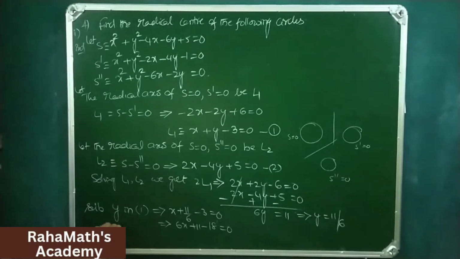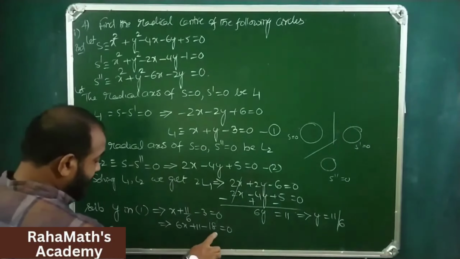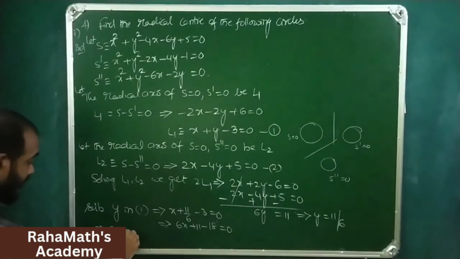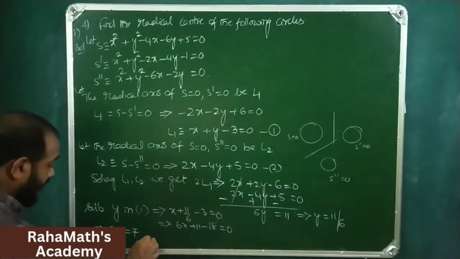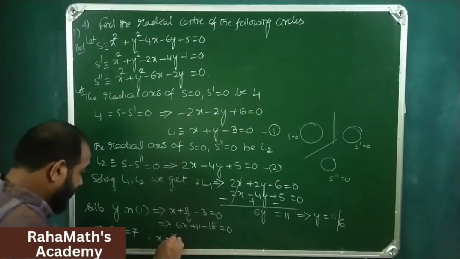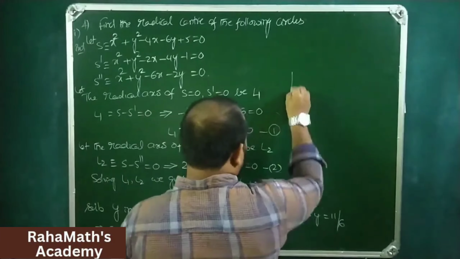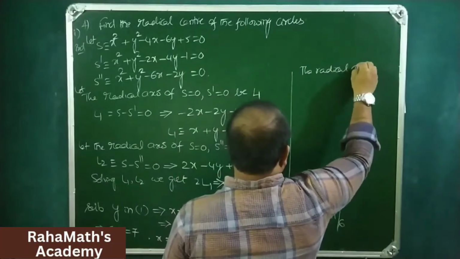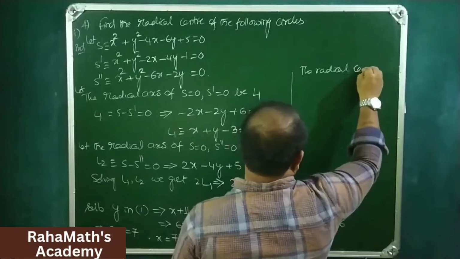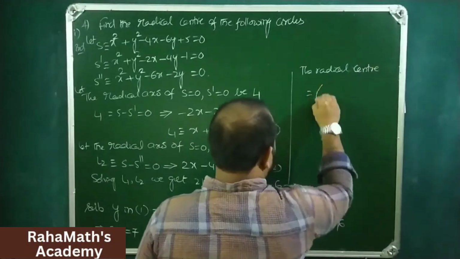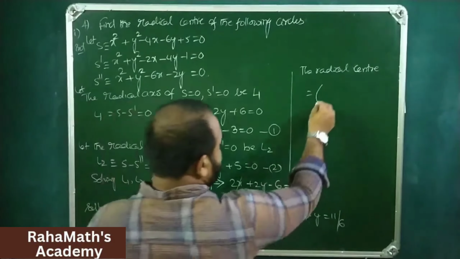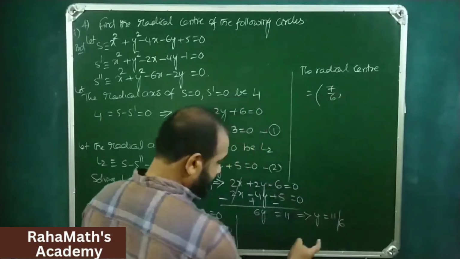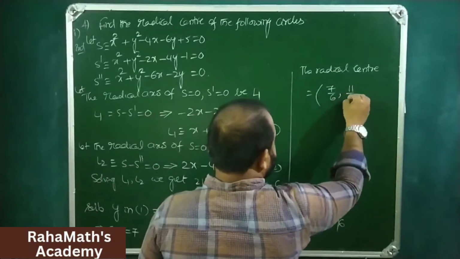This is 6x, 11 minus 18 is minus 7, that is equal to plus 7. Therefore, x is equal to 7 by 6. The radical center is equal to 7 by 6 comma 11 by 6.